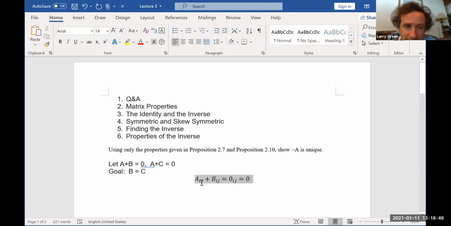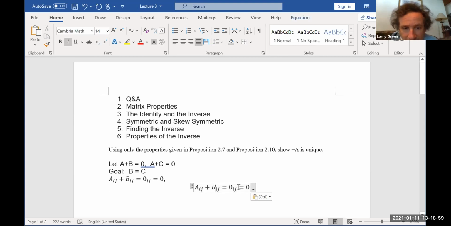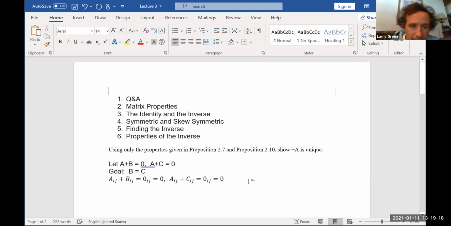And then we can also say that a sub ij plus c sub ij is equal to 0. Are you following that? Well, if a sub ij plus b sub ij equals 0, then a sub ij equals negative b sub ij.